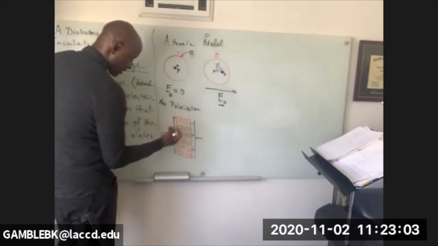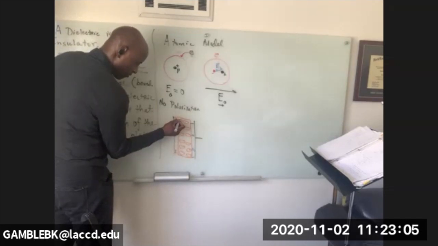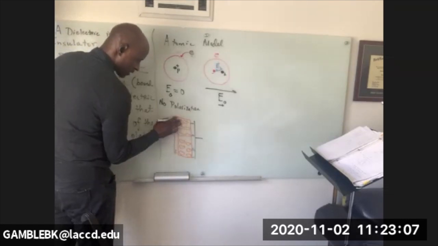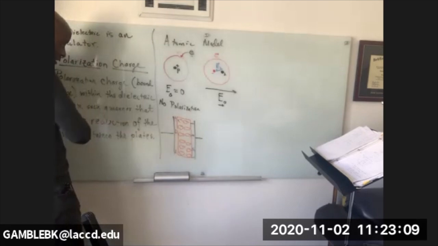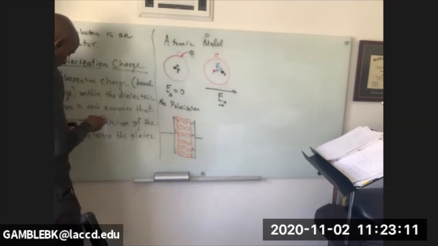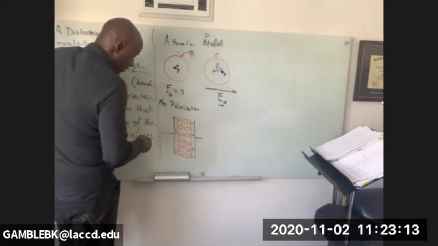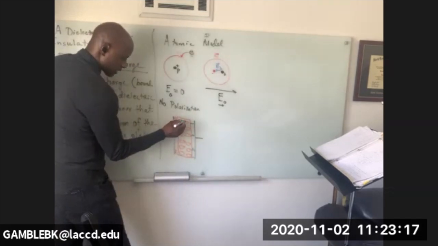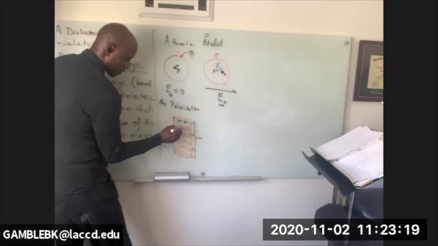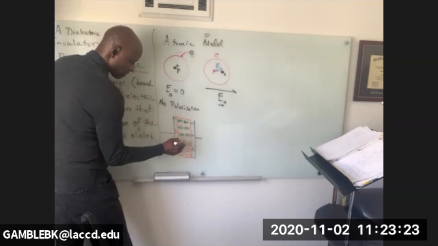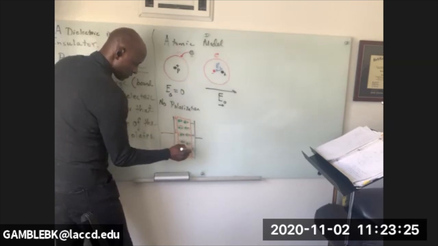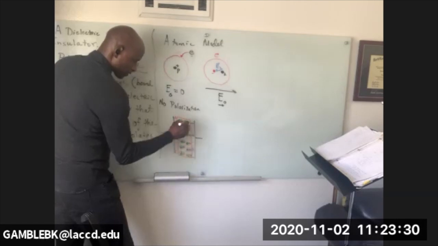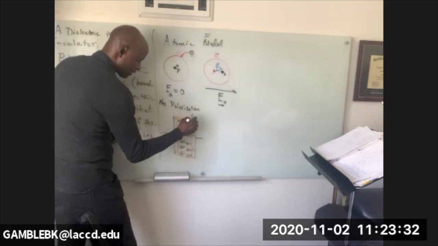Let me use green since I used blue for the other thing. They're all pointing in the opposite direction of the E naught, little arrows. So that's EB, all the little EBs.